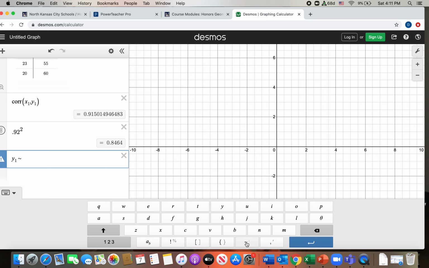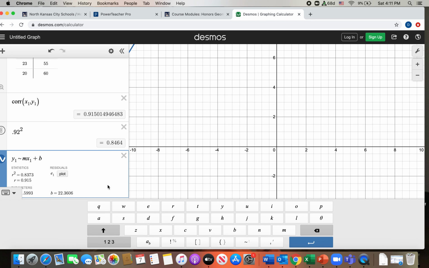Y sub 1 squiggle m, x sub 1 plus b. Y equals mx plus b is how we can put it in.